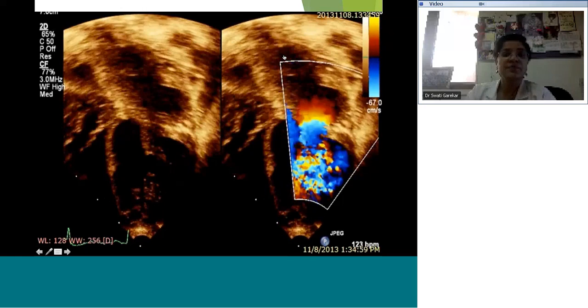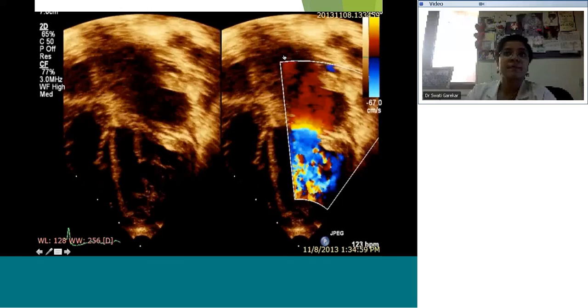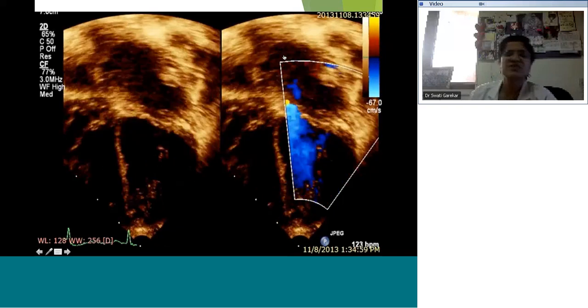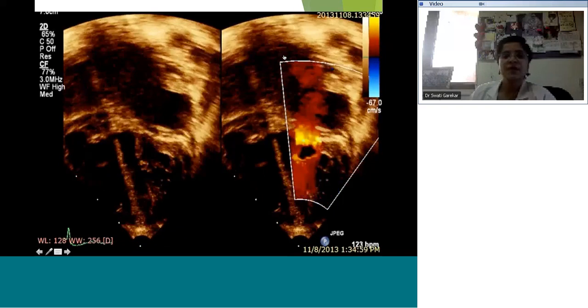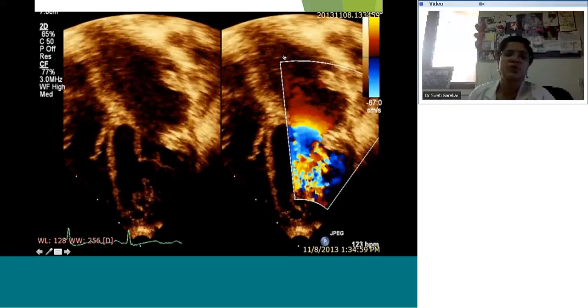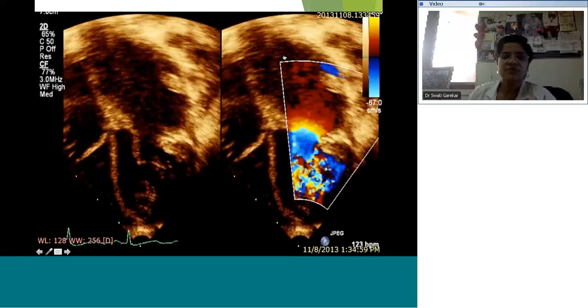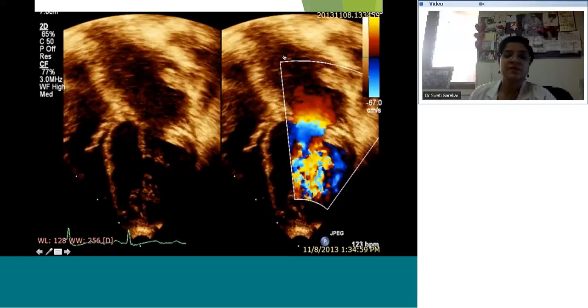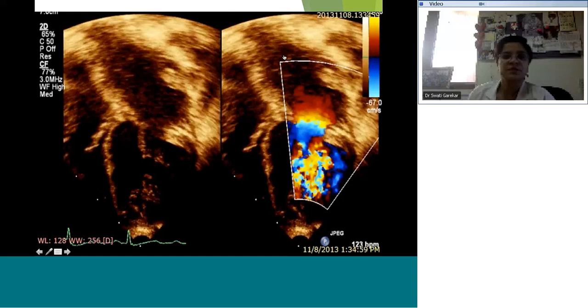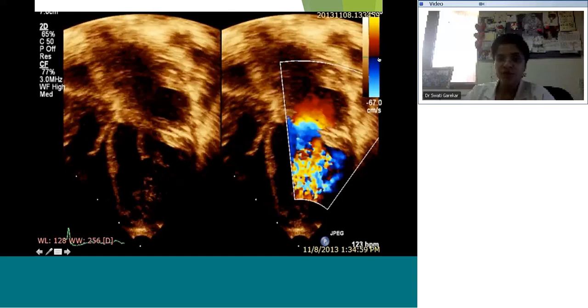Unlike in adults, where they talk about the LA not always being able to dilate, due to compliance issues and loss of elasticity, in our kids, I think the LA always dilates when it sees volume overload. So I think it's a good sign for us. I respect the mitral regurgitation, or mitral stenosis, if there's LA enlargement.